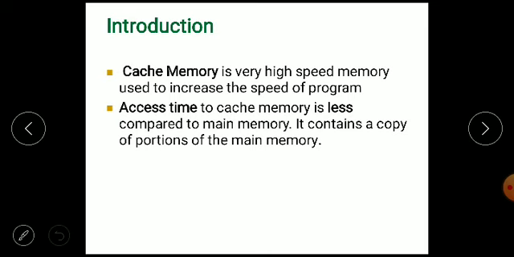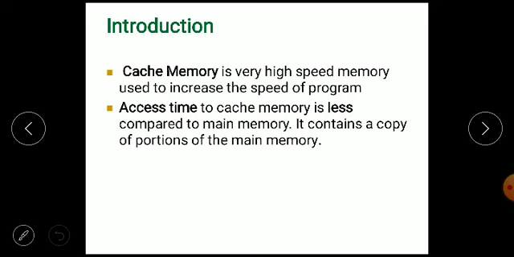Next, access time to cache memory is less compared to that of the main memory. While accessing the main memory, the time will be more, and the time required to access the cache memory is considerably less. And what will be there in the cache memory? Cache memory contains a portion of the main memory.